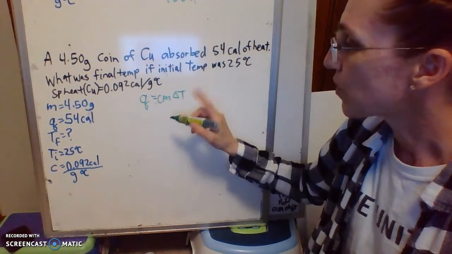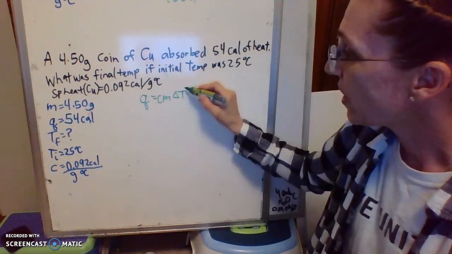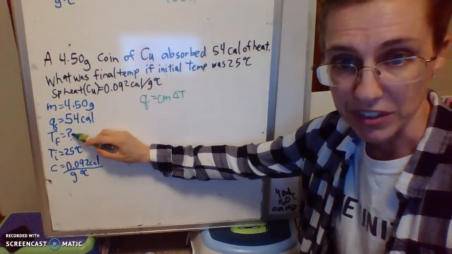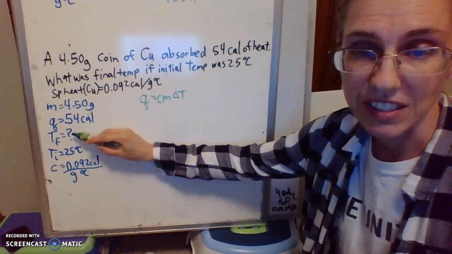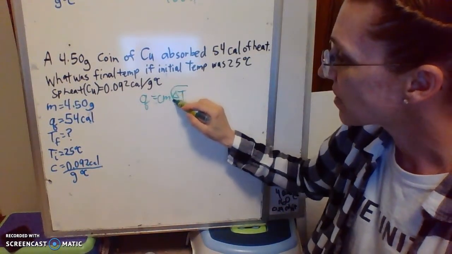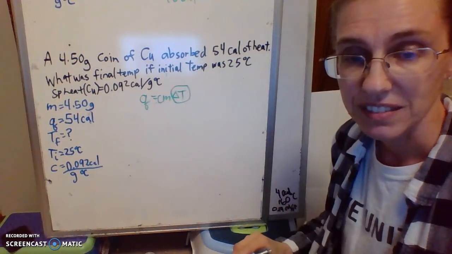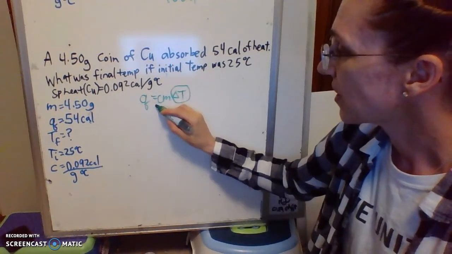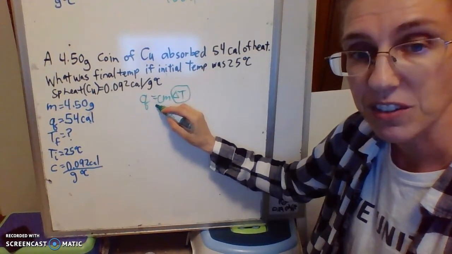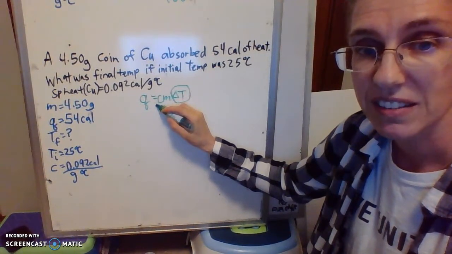Okay, so watch how I do this. We want final temperature. Well, that's part of delta T. So we have to solve this for delta T. So what we're going to do, how did you solve anything for a variable on one side?